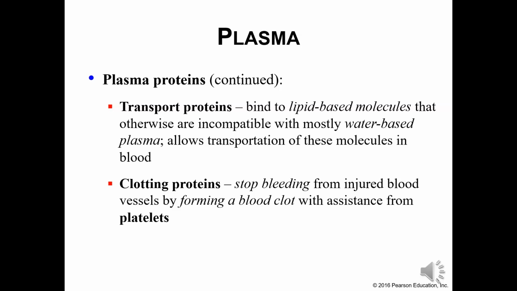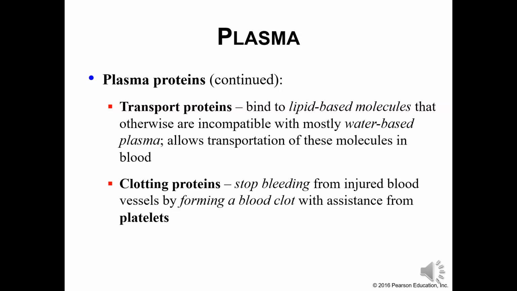Most of these proteins are made in the liver. Another type of plasma protein is the transport proteins for your lipid-based molecules, like your lipoproteins that are important in carrying cholesterol. So they're usually going to bind to lipid-based molecules. Otherwise, those would be incompatible with your water-based plasma.